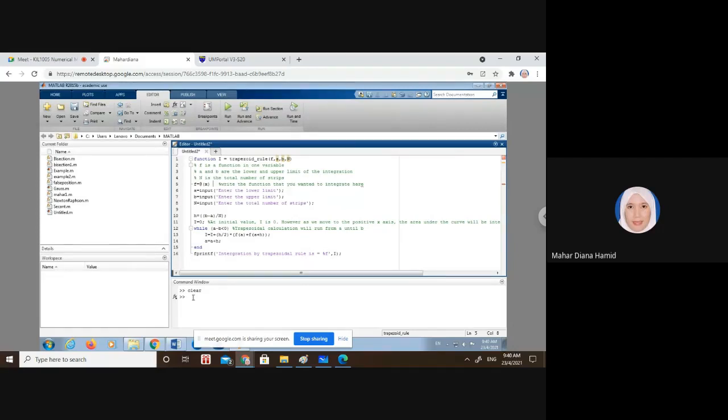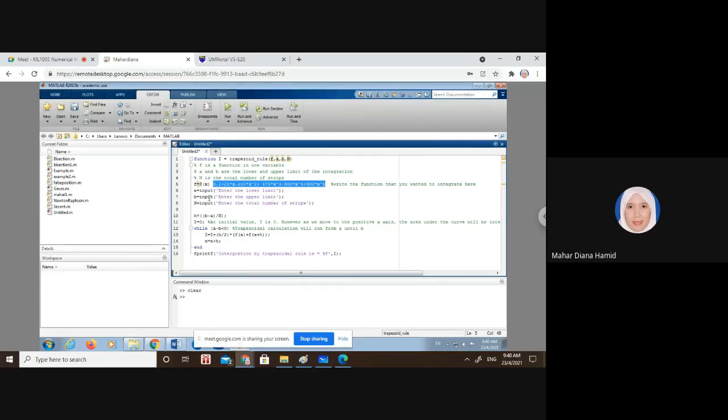However, we can do it in the file itself. So this would be the equation that you want to integrate. This equation is actually from tutorial 5, exercise number 2A.